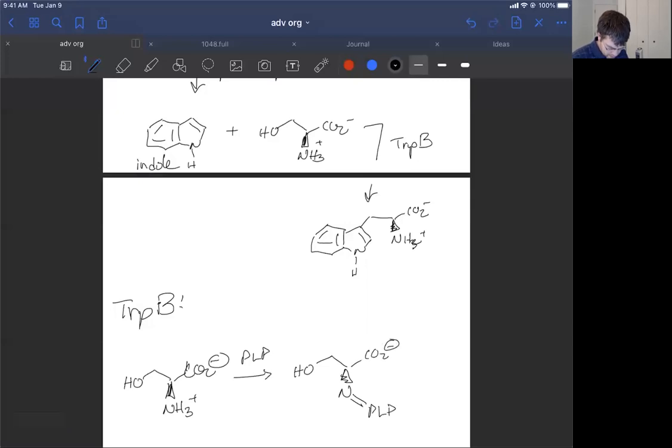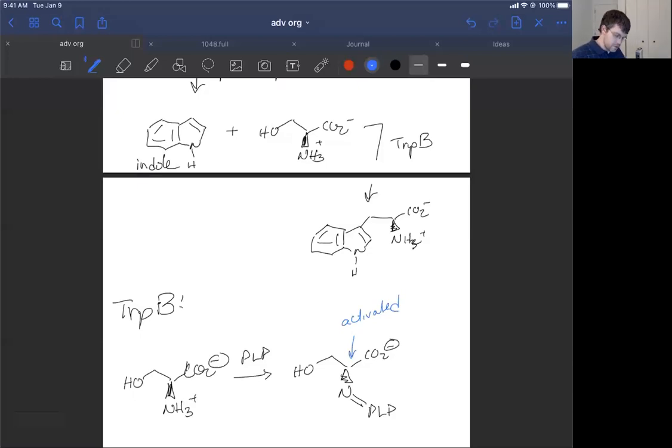Now we've activated the alpha position, alpha to the carboxylate, and it's activated in particular towards all of these reactions, dehydration, decarboxylation, that sort of thing. And what we're actually going to do is, okay, we're on that side of the molecule.